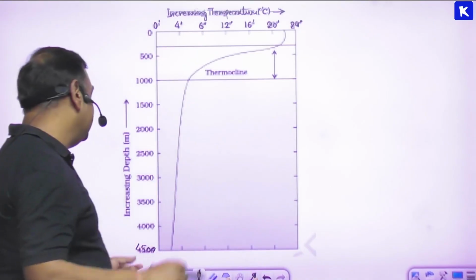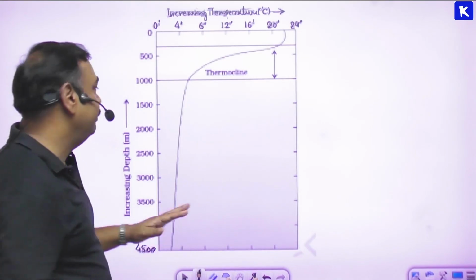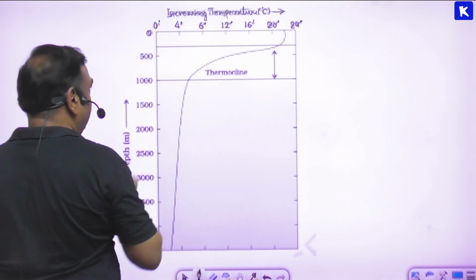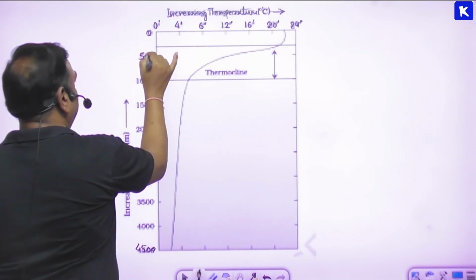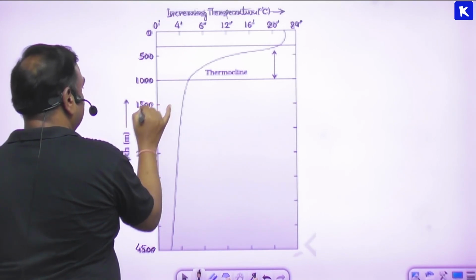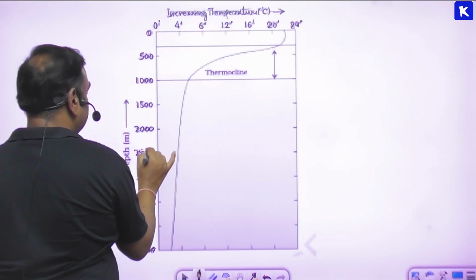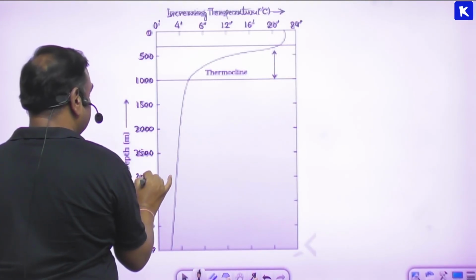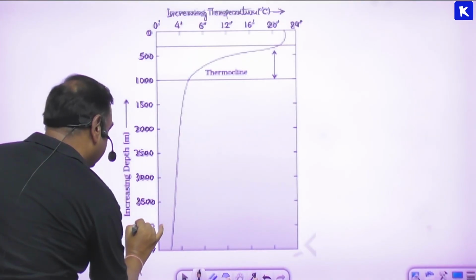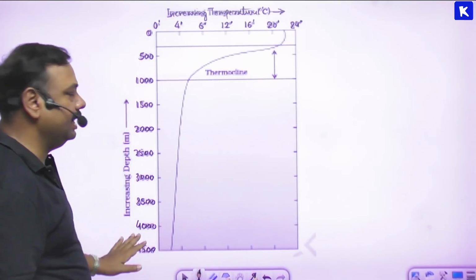At the sea surface, the depth is 0. After that, we have depths of 500 meters, 1000, 1500, 2000, 2500, 3000, 3500, 4000, and 4500 meters.